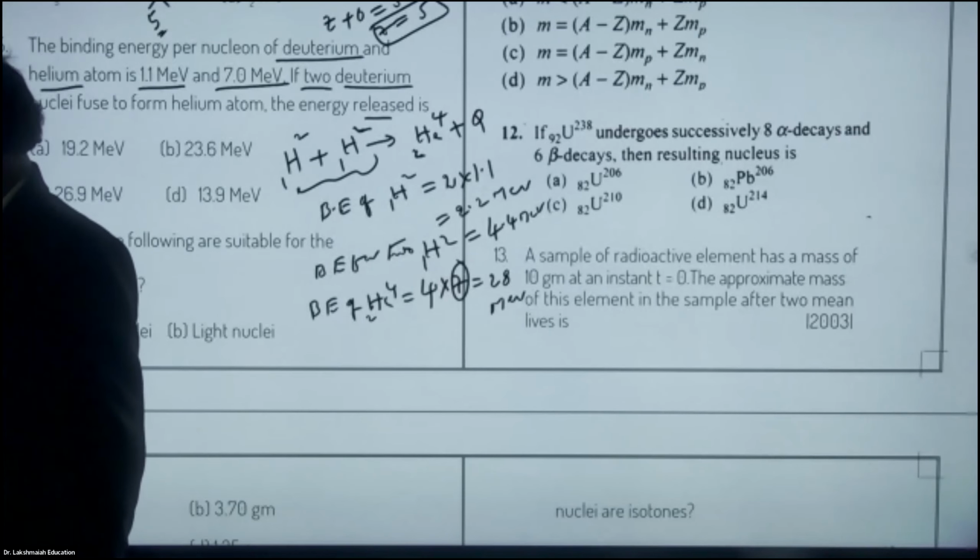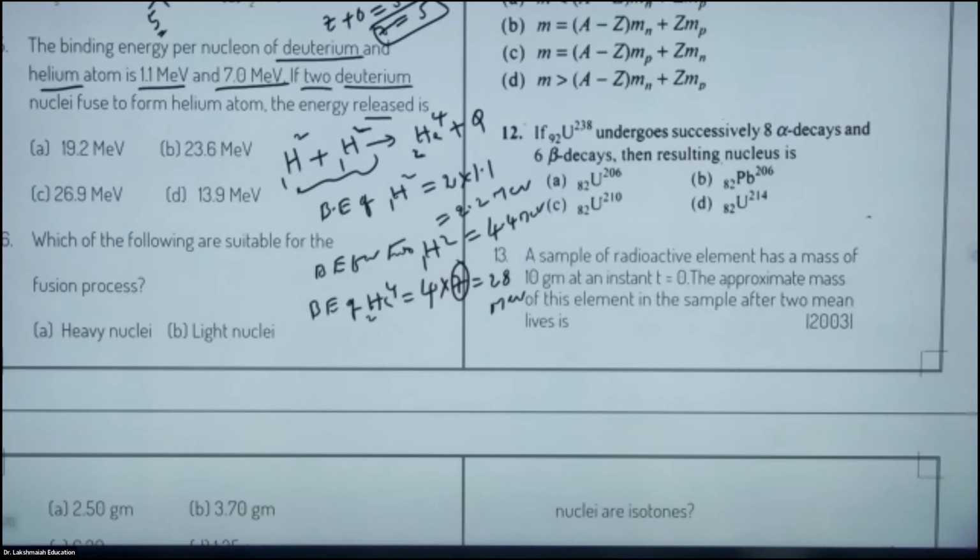How did you get that 7? Pawan? I think it's 2. 4 plus 2.